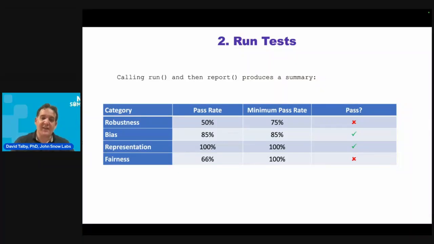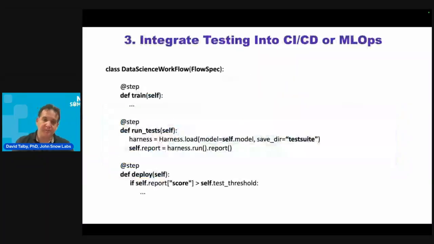Once you have your results, you compare the actual pass rate with what you defined as the minimum pass rate. So if, for example, you decide that for this model to be released to production, you need at least 75% of your robustness tests to pass, in this case this model will fail the test because only 50% of robustness tests overall have passed. So you can do this definition per category and really decide if your model is ready or not.